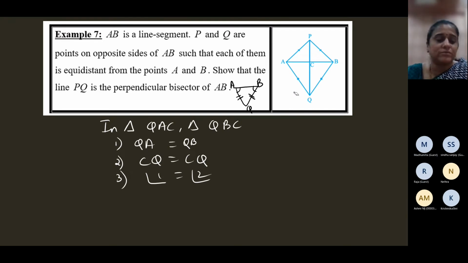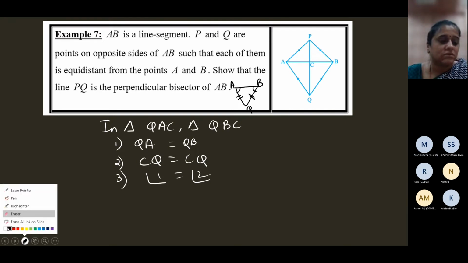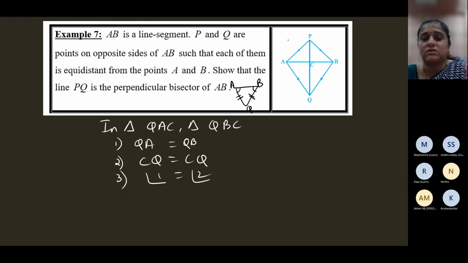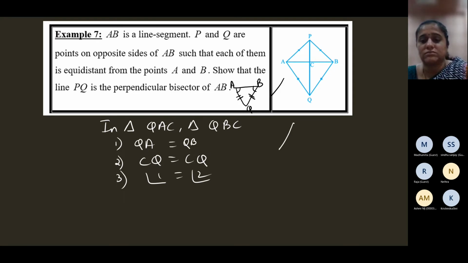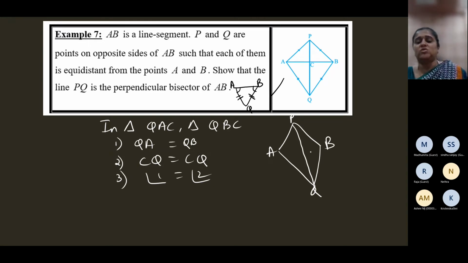Yeah, so we take up the triangle like this, PAQ and PBQ. We show that these two triangles are congruent.